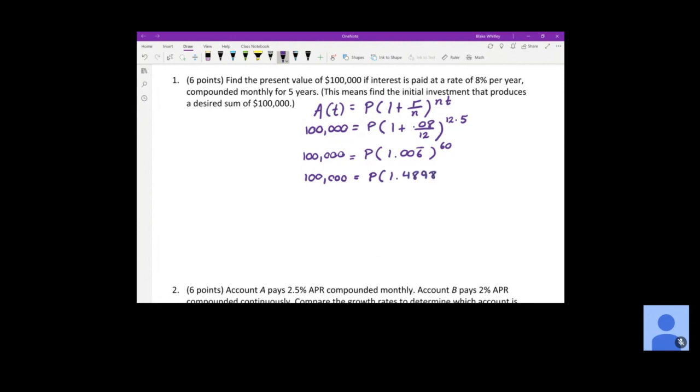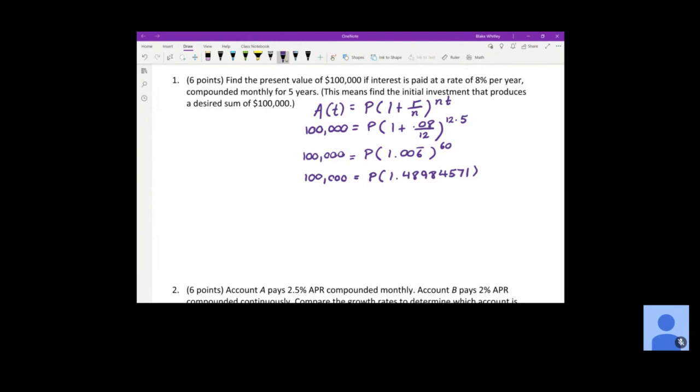And then if we kept everything here, it's like 1.4898984571. And again, like I said, as long as you keep at least 4 decimal places there, you should be fine.